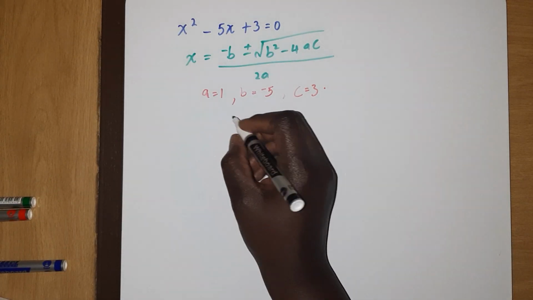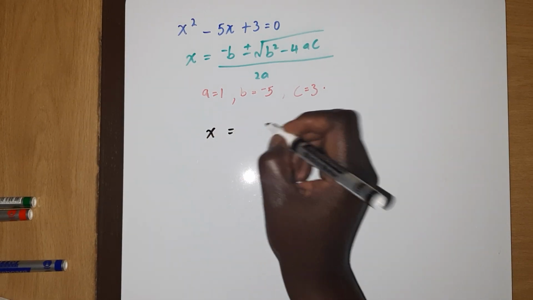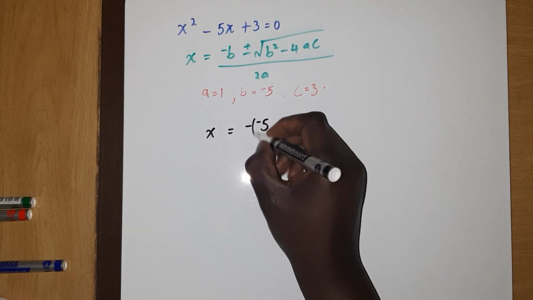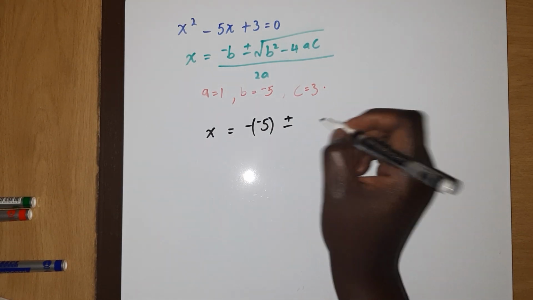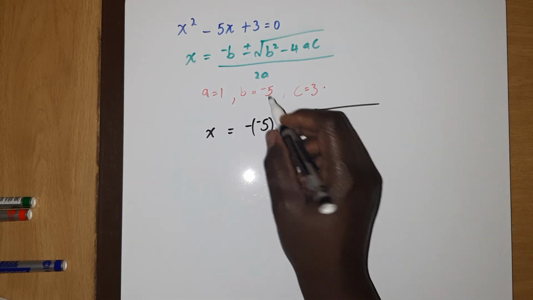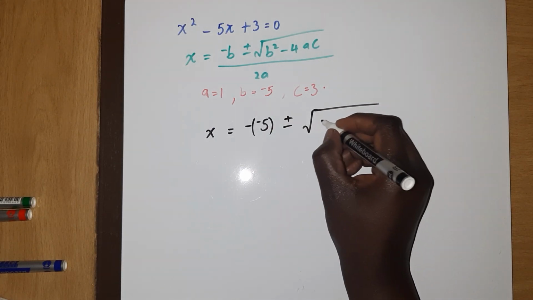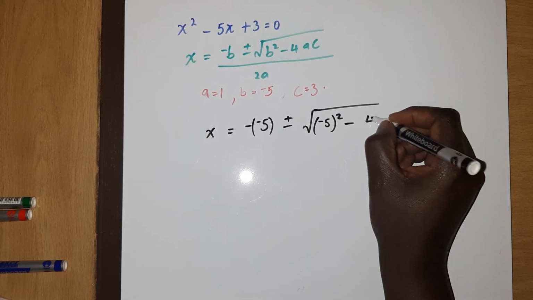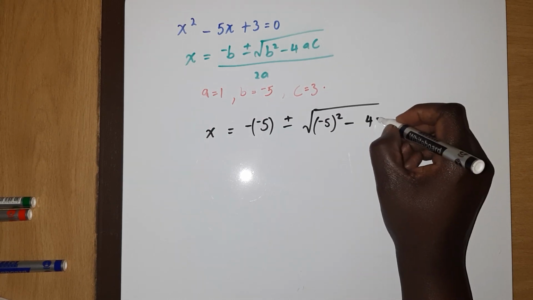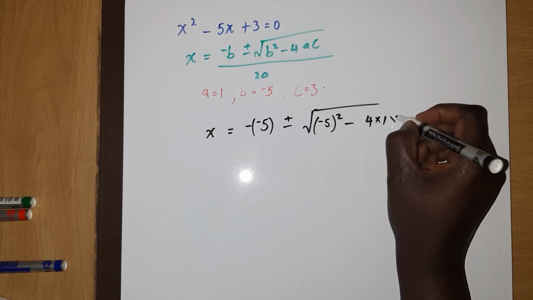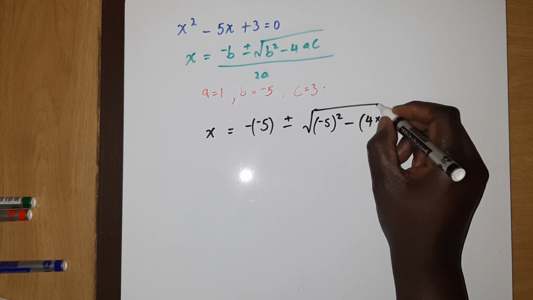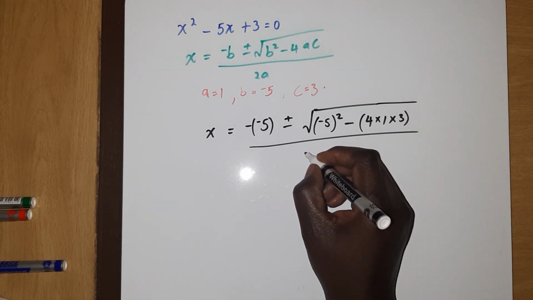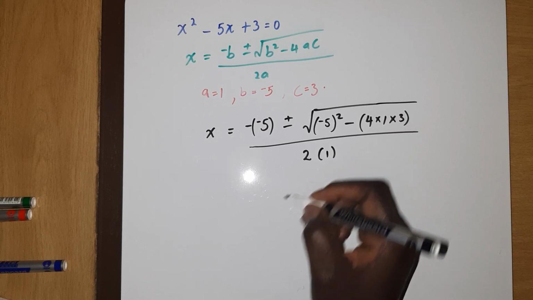So x equals minus minus 5 plus minus root of minus 5 squared minus 4 times 1 times 3, all over 2 times 1.